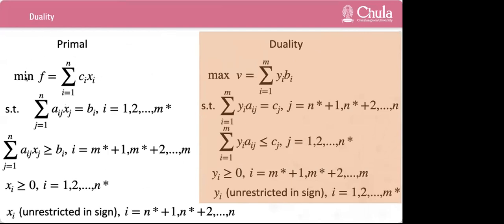For the primal problem, we minimize the objective function f, which is a summation of ci xi, and we have a set of inequality constraints, greater or equal.